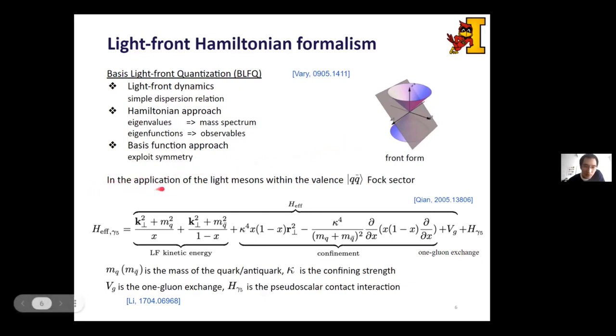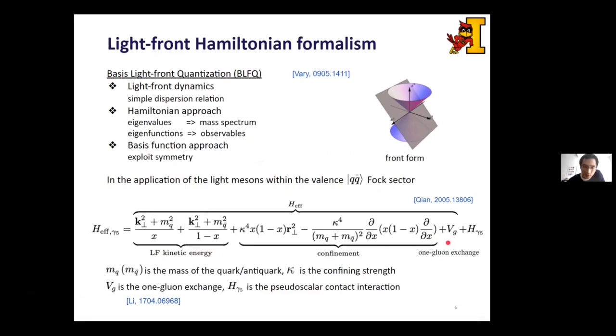So in this particular application, we're applying the model to light mesons with valence quark and antiquark Fock sector. So this will be the form for our Hamiltonian. The first two terms are the light-front kinetic energy, and the third and fourth terms are the confinement. So this one is the holographic transverse confinement, and this is the longitudinal confinement.